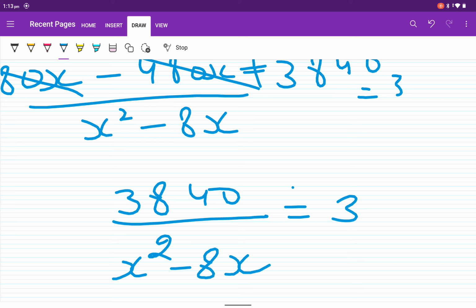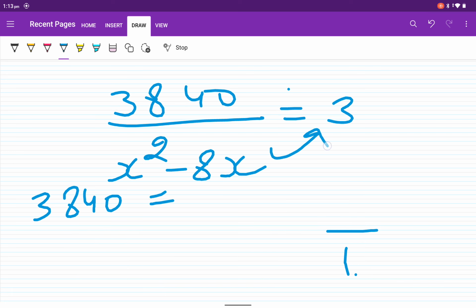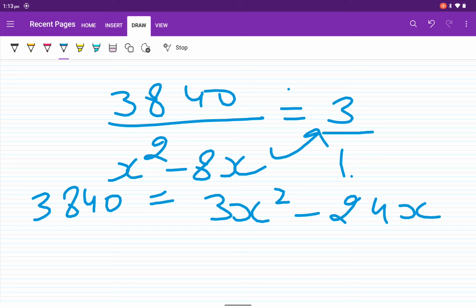This is the thing we are familiar with. Now if you cross multiply, 3840 would remain like this, equal to 3 into x square minus 8x, so it would be 3x square minus 24x. Now your equation is getting ready.